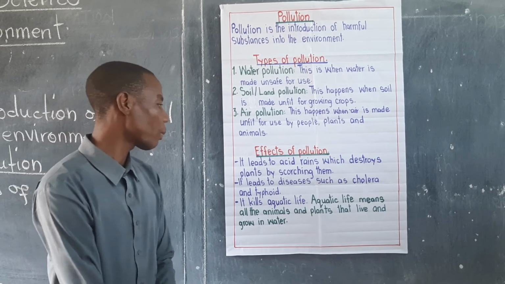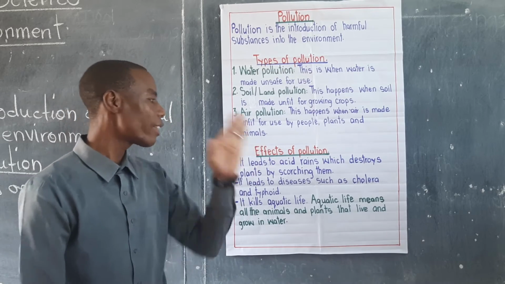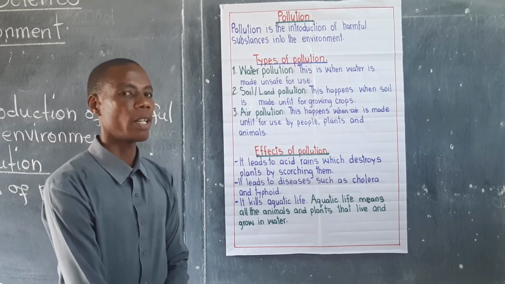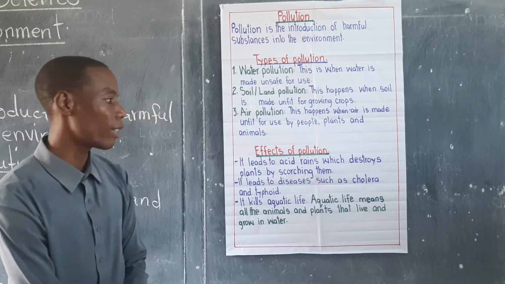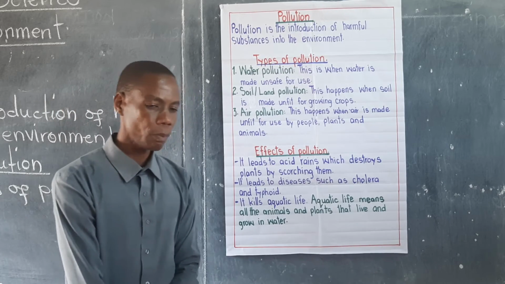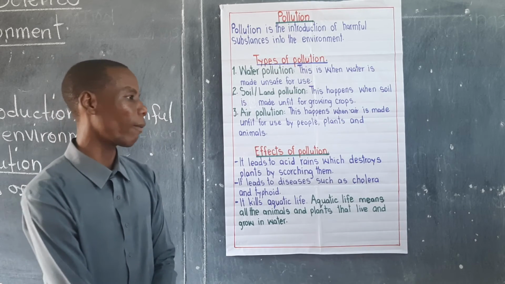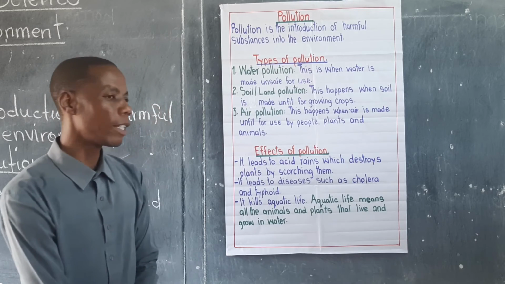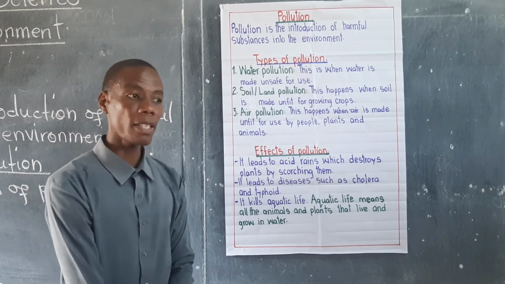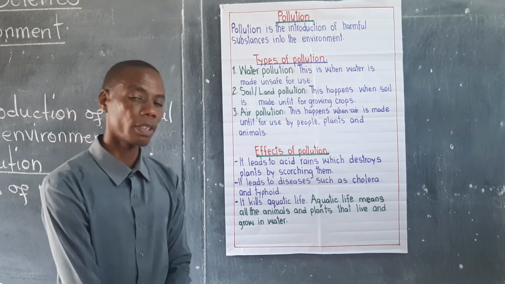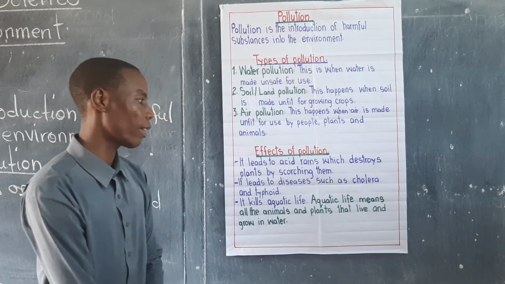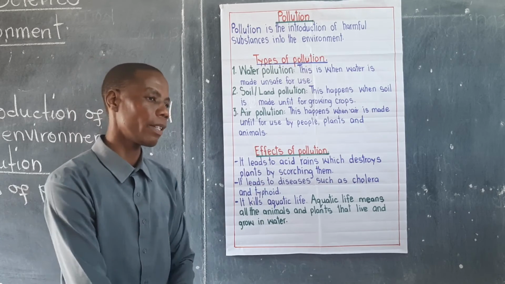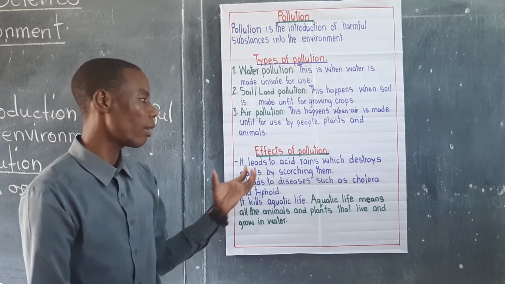Apart from that, we are saying pollution leads to diseases such as cholera. Certain industries do emit different chemicals. These chemicals are poured into different rivers as well as lakes. When this happens, it is going to cause what? Pollution.